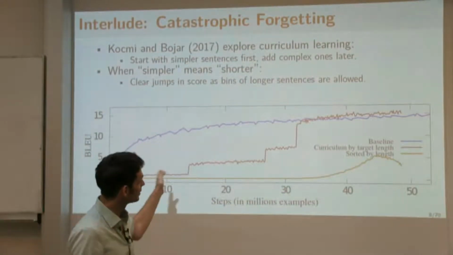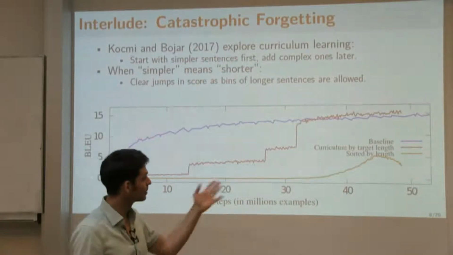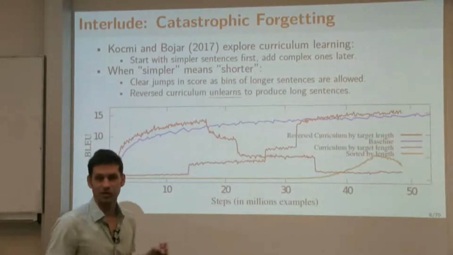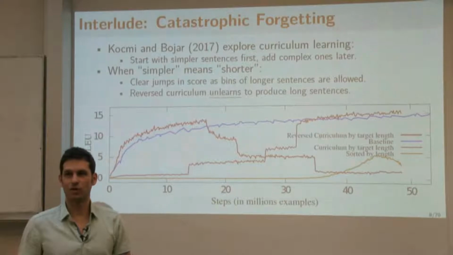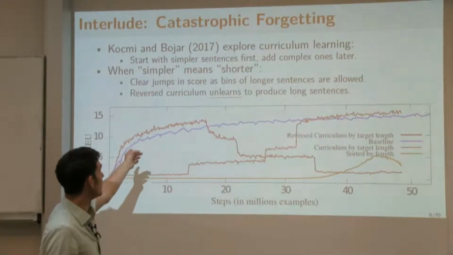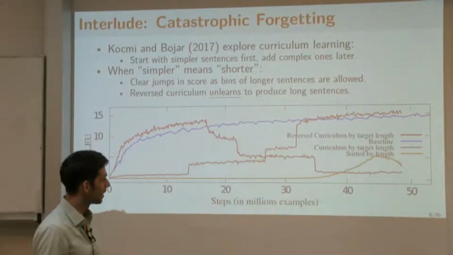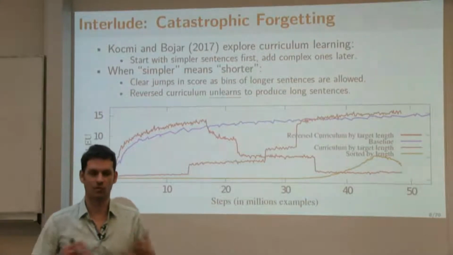So when we took this very same corpus, organized in these big chunks of sentences of varying length, we got this learning curve. At the beginning, the system was learning on all sentence lengths, and the performance seemed better than the baseline. This could be an artifact of the oversampling of longer sentences.